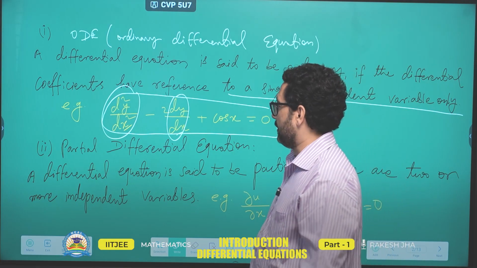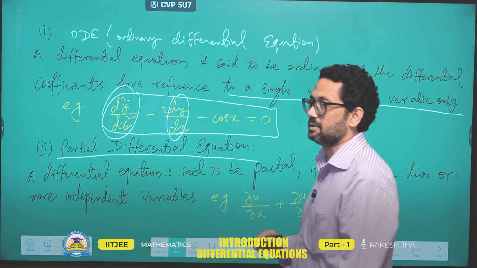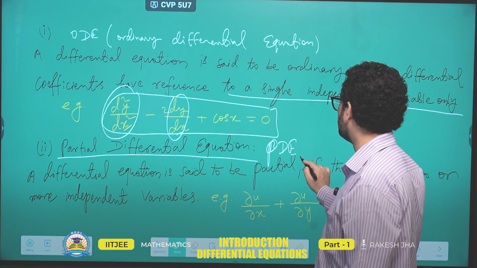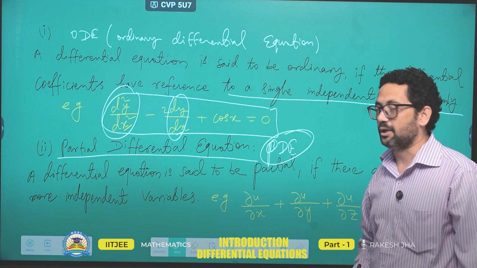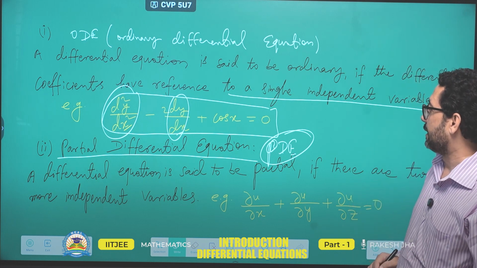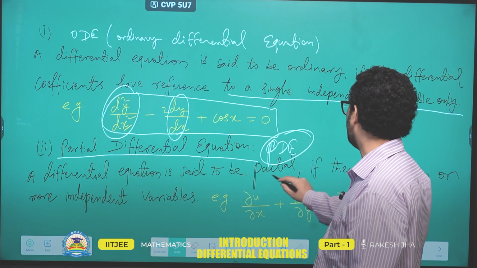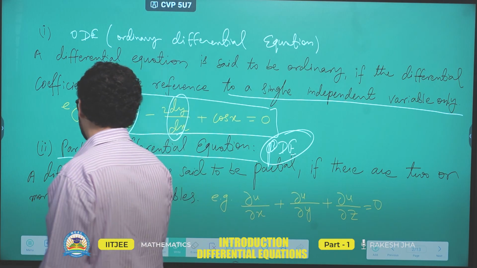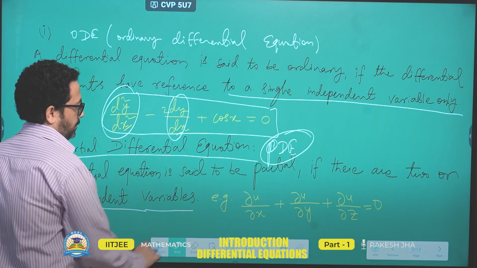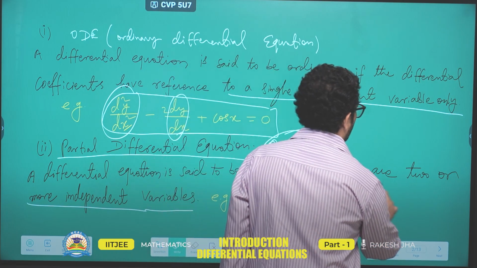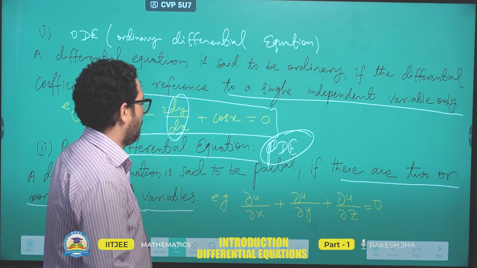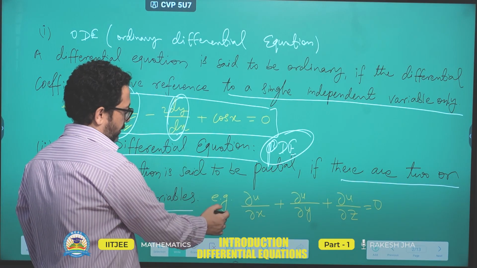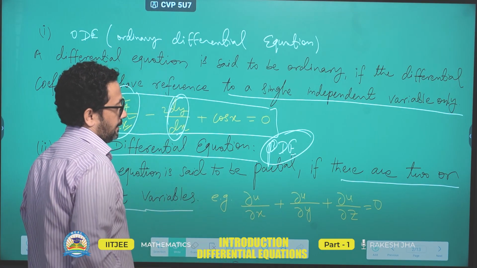But when you talk about partial differential equation, that is also called PDE. PDE stands for partial differential equation. A differential equation is said to be partial if there are two or more independent variables. Here we don't write dy by dx the way we have written. Here we write dou u upon dou x. Why?